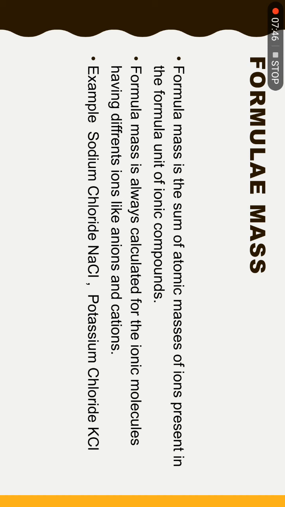Formula mass is basically used for those compounds whose nature is ionic. Like if a certain ionic compound dissolves in an aqueous solution, it will convert itself into specific ions, whether they may be anions or cations. So formula mass is always calculated for ionic compounds having different ions like anions and cations.